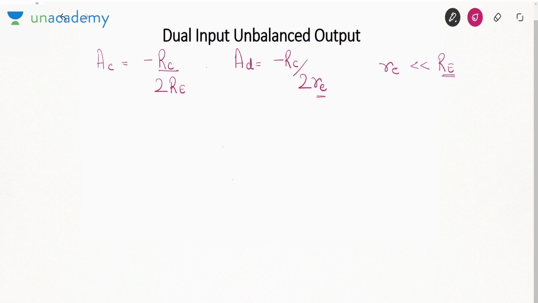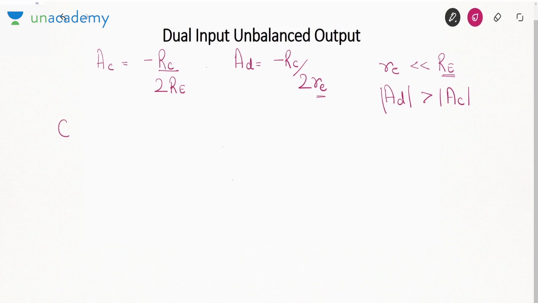If the denominator is less, you can say that the magnitude of differential gain is much larger than the magnitude of common mode gain. Is it fine? And I told you, our objective behind designing the differential amplifier is to reject the common mode signal, or to reject the noise, and amplify the difference.